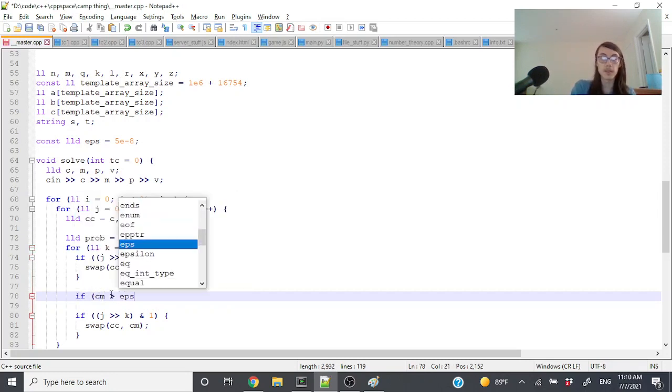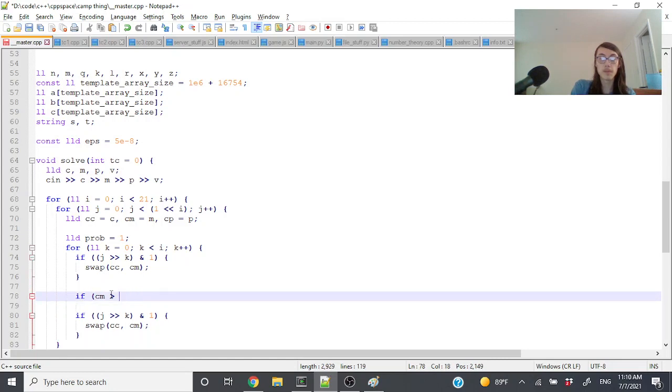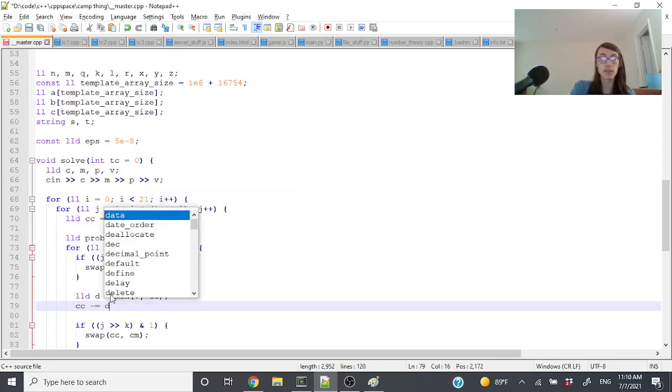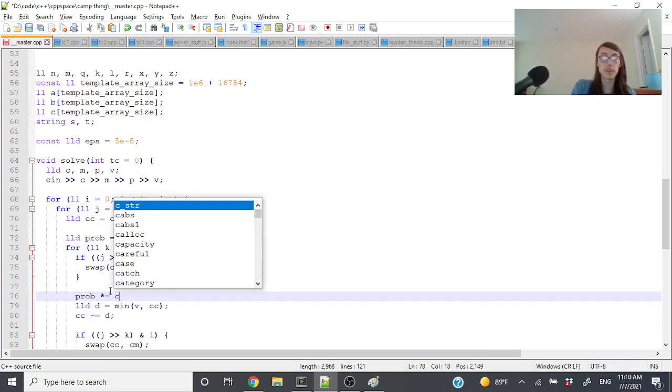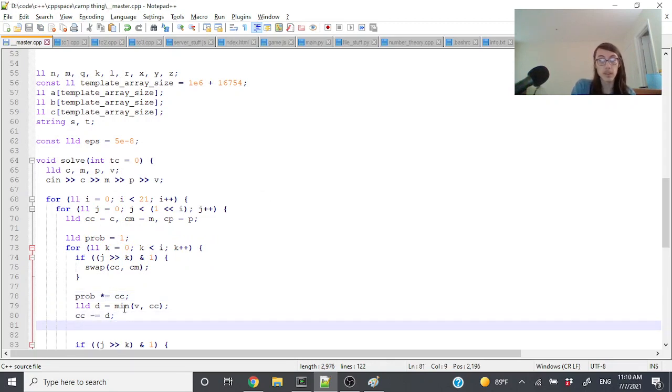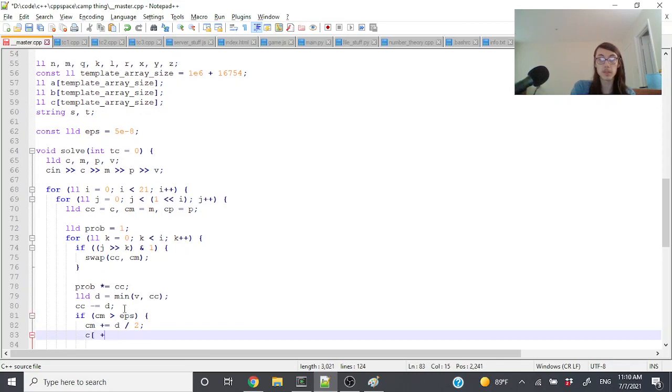So if CM is greater than EPS, d is equal to the minimum of V and CC. CC minus equals d. Prob times equals CC, the probability of doing this. Then if CM is greater than 0, then CM plus equals d over 2, CP plus equals d over 2.